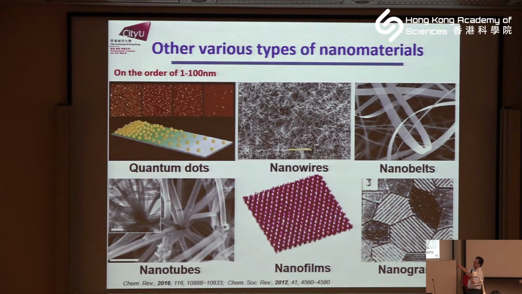So all these have the term nano, but they do have a lot of potential applications. For example, if you have nanograins in the material, you enhance the mechanical property of the material very strongly. Okay? So why are we concerned about those mechanical properties? For example, we can use it in the airplane, where we want to have a very lightweight metal, and also very strong for the airplane materials.